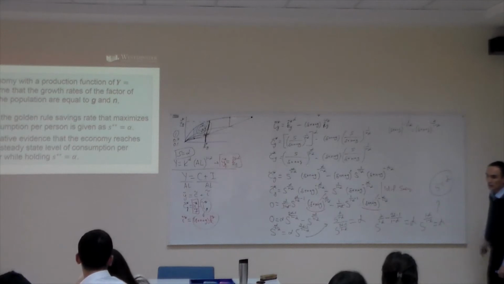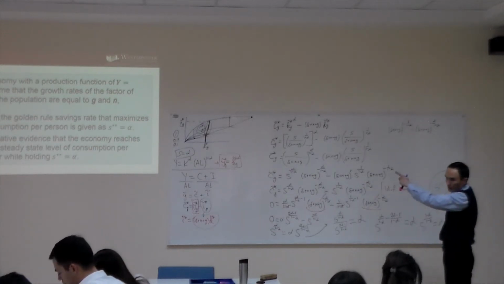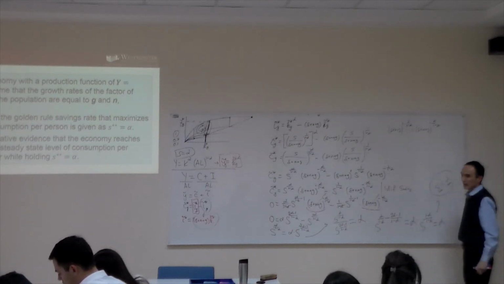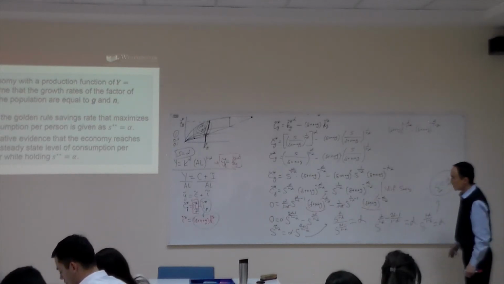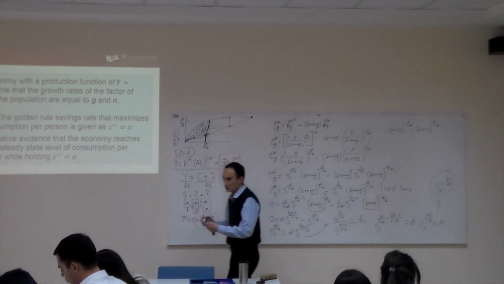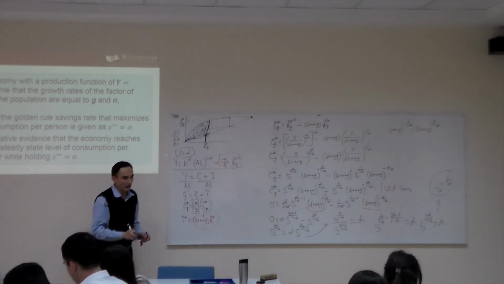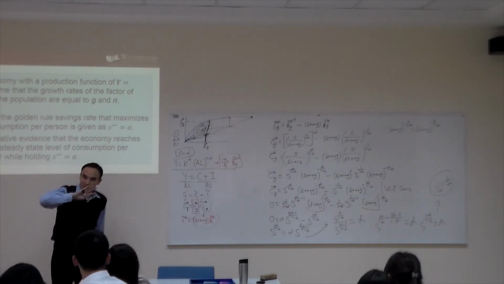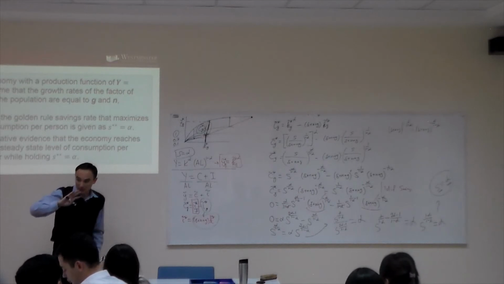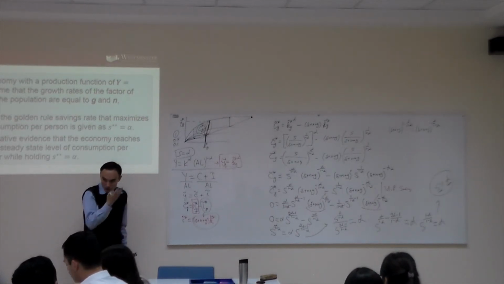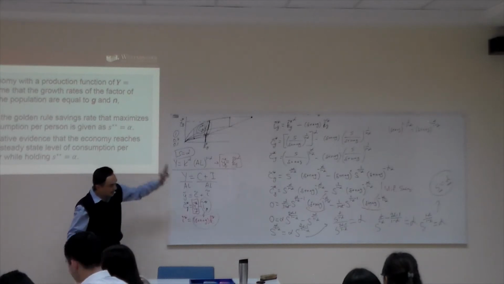In order to reach that maximum level of consumption, which is the golden level, the saving rate should be equal to alpha. Okay? So this is in the case when we consider population growth and technology. If you try to derive this, just holding the technology unchanged but allowing population growth, you will get exactly the same.